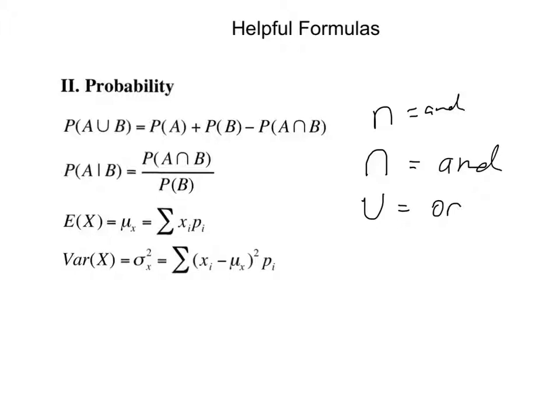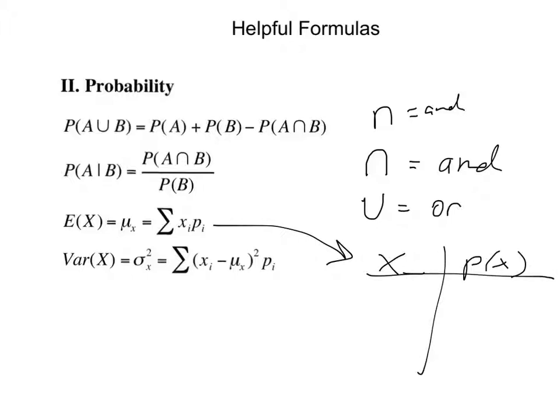So when you get something like this, you're going to be given x values and the probability of x values. And so let's say it's 1, 2, 3, probability is 0.2, 0.3, 0.5.